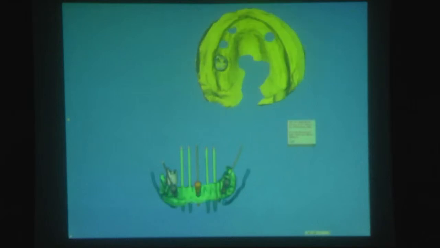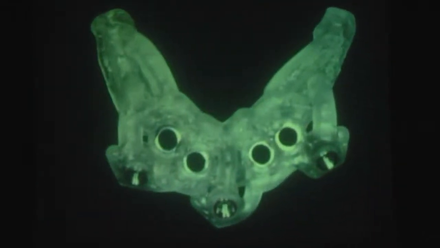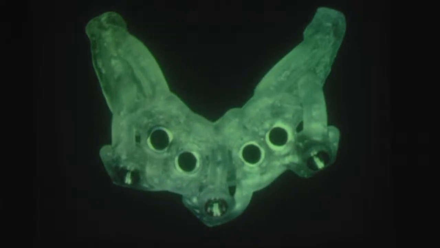So once the planning is over, what do we do? We create a drone-like guide. This is something weird, I know it, but this is for the patient. We cannot use the guide in another mouth.